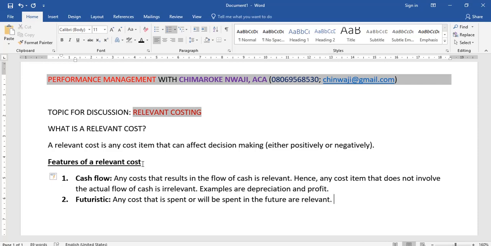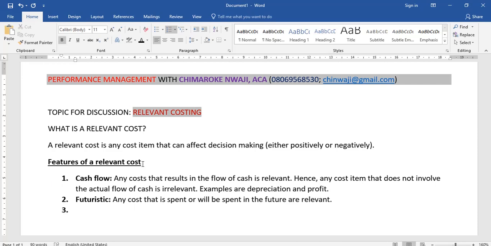Now, this means that you watch out for future tense such as will be incurred, is likely to be incurred, will be purchased. All these are futuristic verbs which show that any cost that comes with these kind of words are relevant.